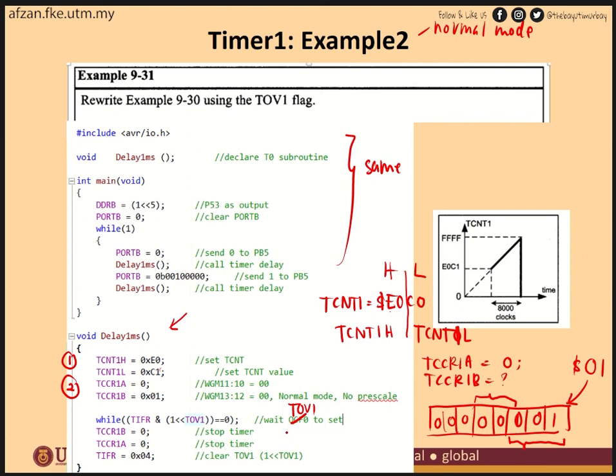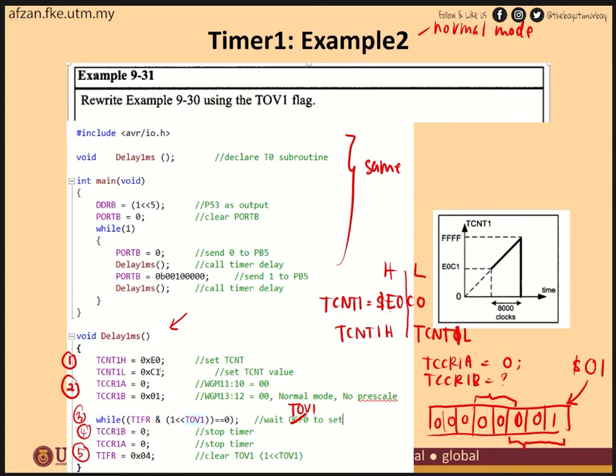If your TOV1 flag is set, what you're going to do is step number 4, stop your timer, by putting both TCCR1B and TCCR1A with 0. And then step number 5, you're going to reset your TOV1. So TIFR.